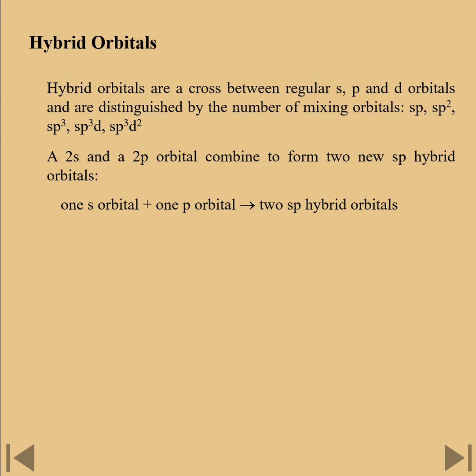Okay, so do note these 5 different designations for these orbital hybridizations: sp, sp2, sp3, sp3d, sp3d2. What does that mean?